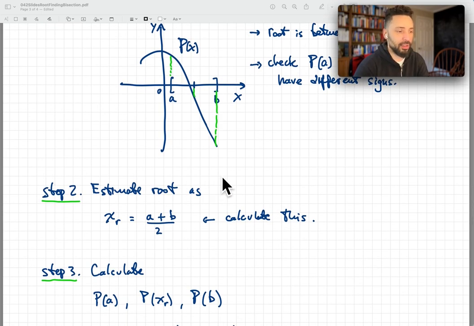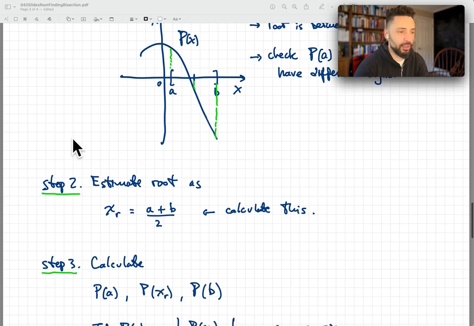So that being established, we will estimate the root, the first estimate of our root, as the average between a and b. So somewhere in the middle of this interval, there's a root. Now, of course, here the root is a little bit to the left, but this is our first estimate, and at least on the scale of things here between a and b, it doesn't look so bad. Now, what happens next?